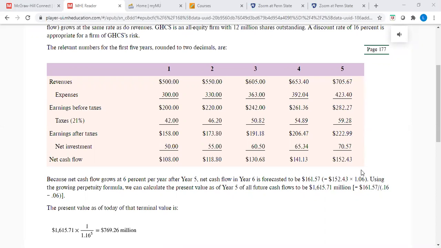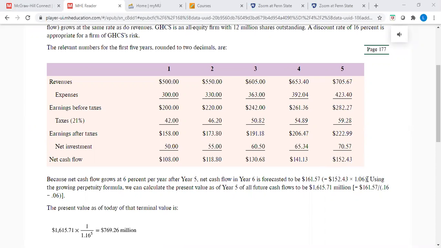Because net cash flow grows at 6% per year after year 5, it will be forecasted to be 152.43 times 1.06. So the free cash flow from year 6 going forward will be 161.57. So you use the free cash flow from the end of year 5 to forecast that.